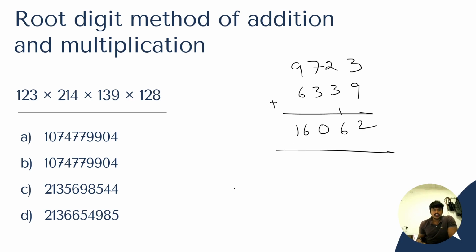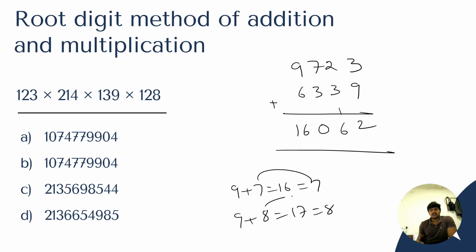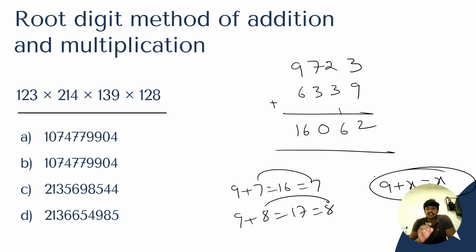Now see here. If you add any number to 9, again you are going to get the same number. So 9 plus any number is equal to that number only. What I want to say here is, treat the 9 as 0. What is meant by that is, see here, 9 is here, just ignore. 7 plus 2, 9, ignore.